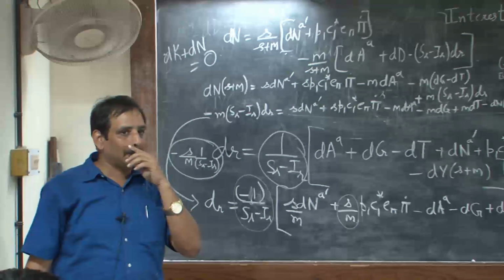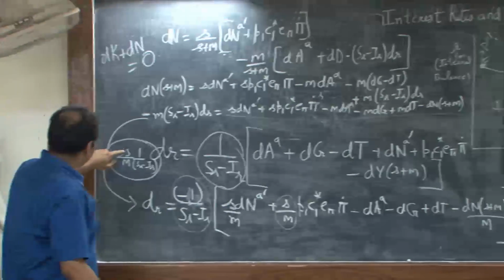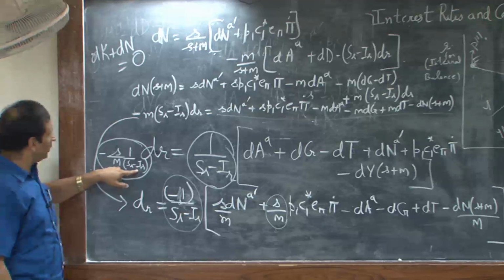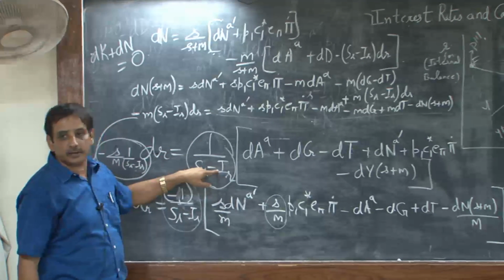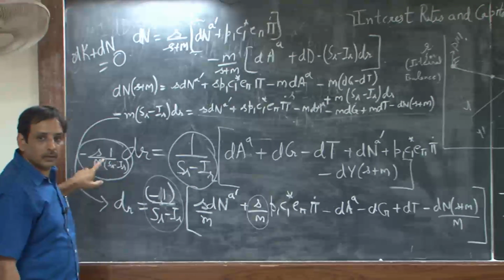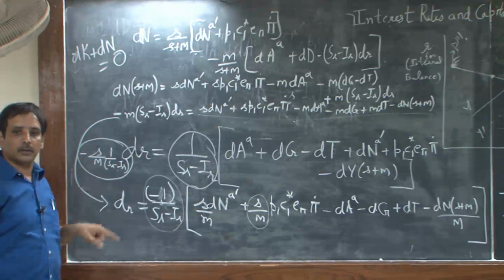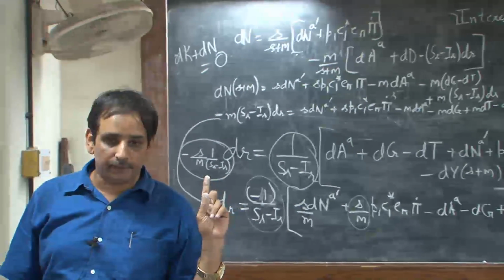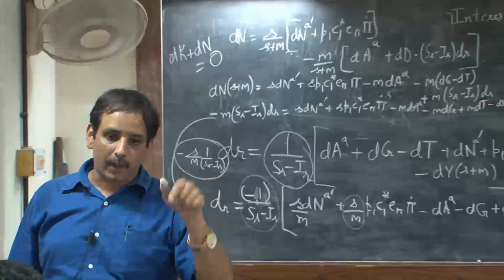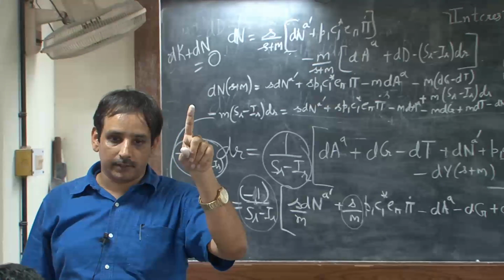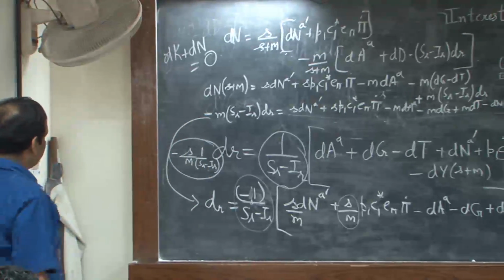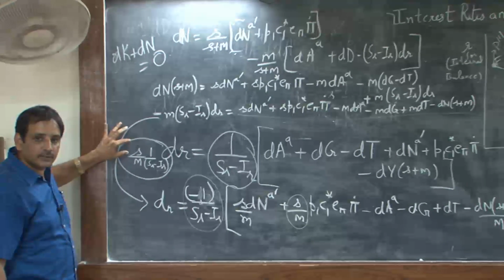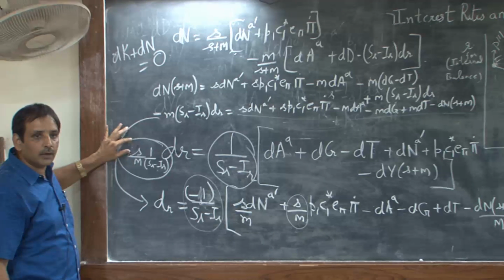This is S by M into 1 upon SR minus IR. This is 1 upon SR minus IR. It was S by M for the FF, 1 for the other. So S by M was greater. Yeah, but can you look at this S and M?